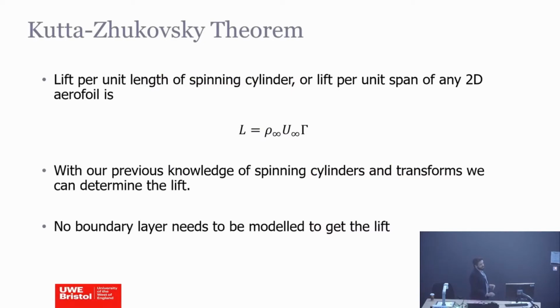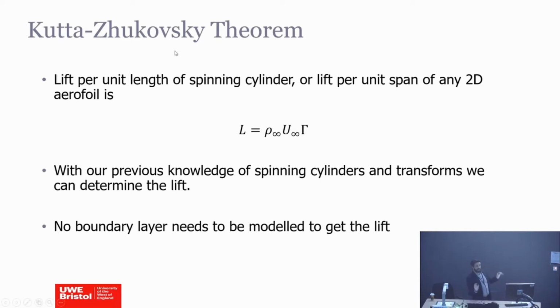Okay, so let me just remind you that for a lifting cylinder or a spinning cylinder, we found that the lift per unit span, I should have said that before, well, it's 2D, we know it's per unit span, is given by the Kutta-Joukowski theorem. So lift is density, free stream speed times circulation. Okay, so the good thing about this is that we can actually remember we're dealing with the potential flow.